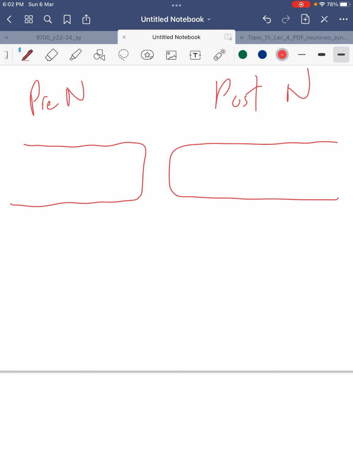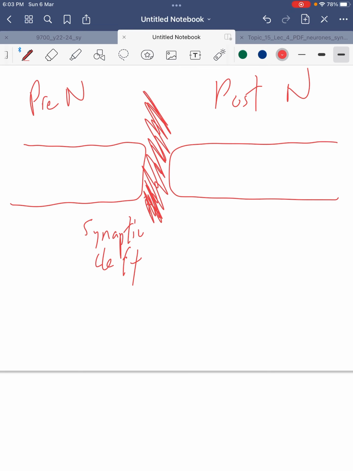Because there is a gap here, the synaptic cleft, and because of the reactions that occur here, for example, the arrival of a nerve impulse in this region will cause reactions in this synaptic cleft. That means this neuron can rest.